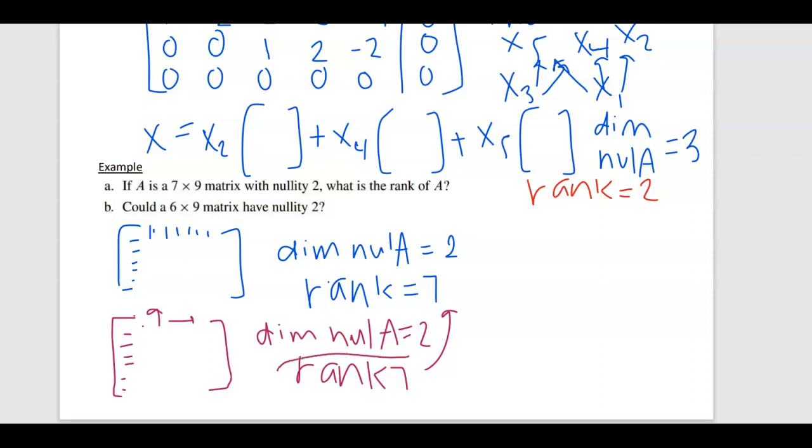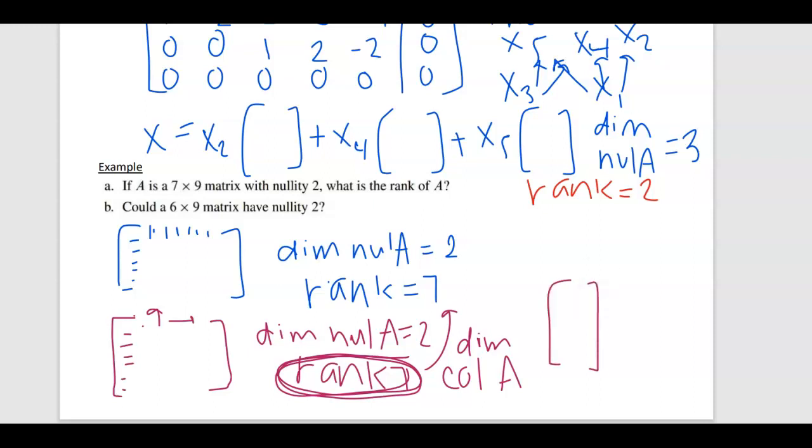But rank by definition is the dimension of the column space, right? And any of these vectors in the column space would be in R6.